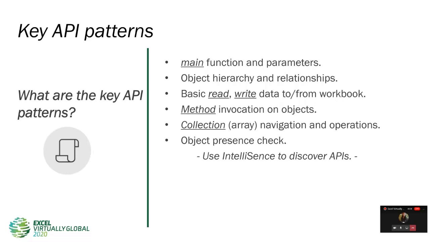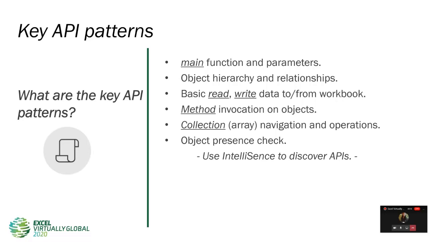You need to know how to retrieve these and then manipulate them, navigate them, and perform some operations on them. And then maybe you want to check, does the thing that I want to interact with, like an object, say a worksheet or table, exist or not? So these are all high-level patterns that you will see in any script.